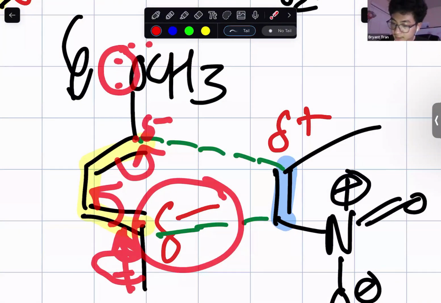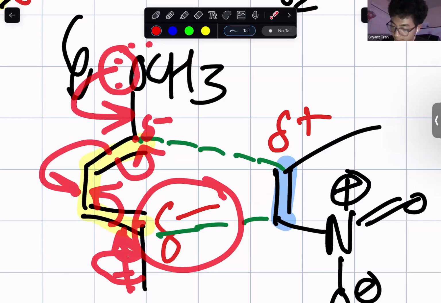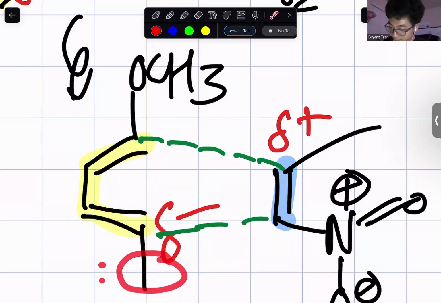This EDG is an EDG by resonance because it can directly donate electrons into the system, giving it full electrons. This R group here has 0 pairs of electrons. It just donates electrons inductively, weakly. This is a weak EDG. This is a strong EDG. The NO2 is an EWG.